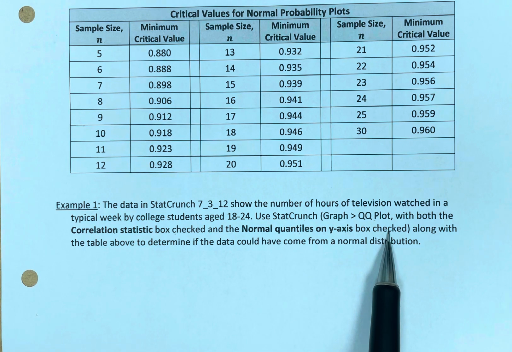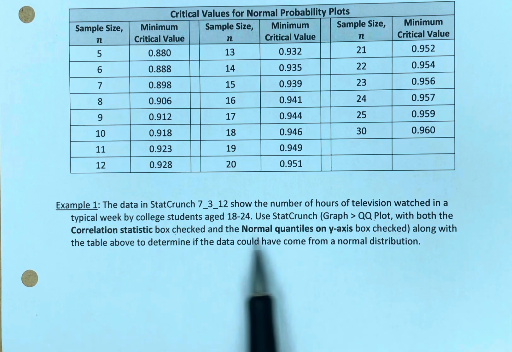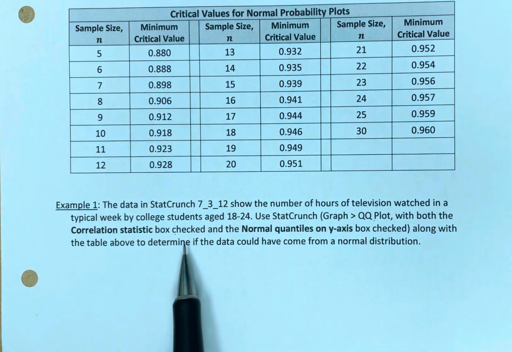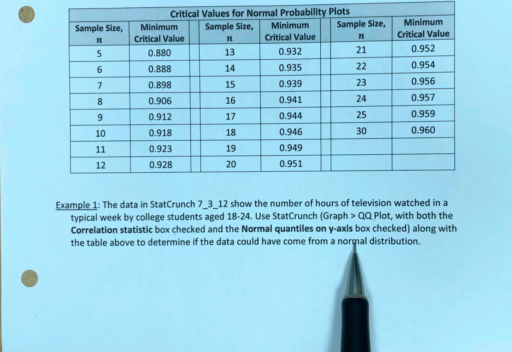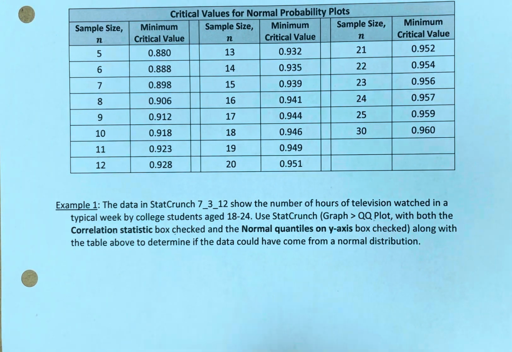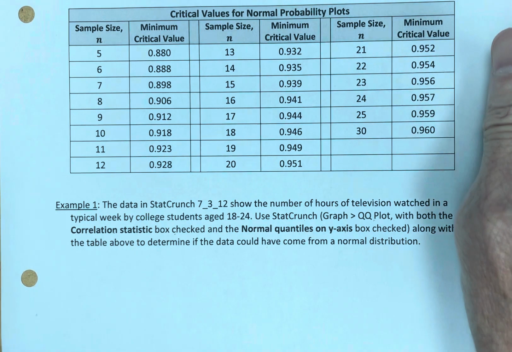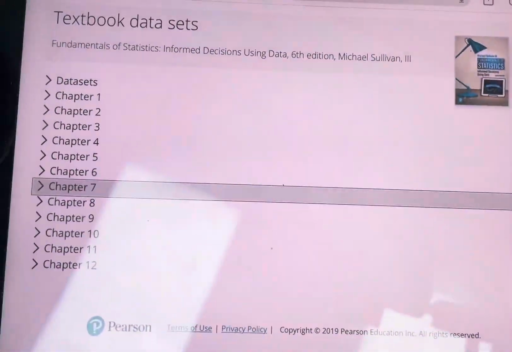We're going to check those two boxes. We're going to use this graph along with this table to determine if the data could have come from a normal distribution. Okay, so let's first take a look at StatCrunch and get it in there.